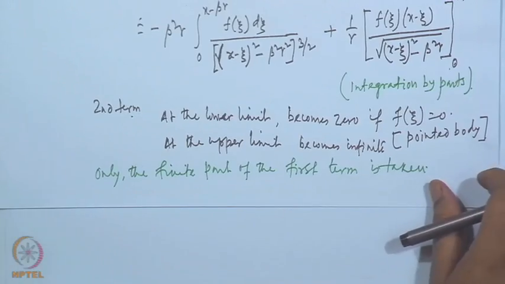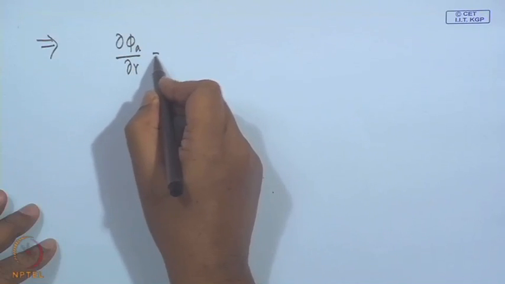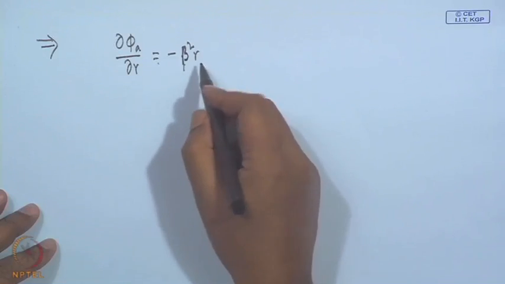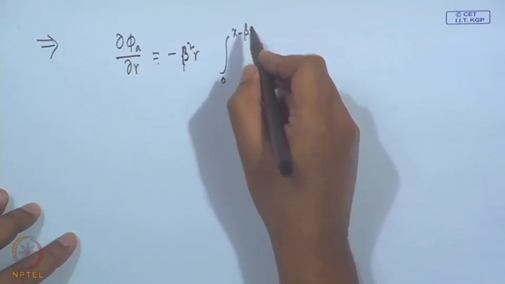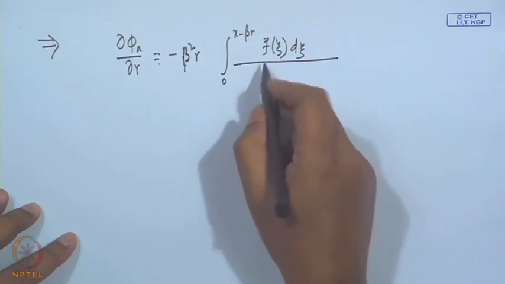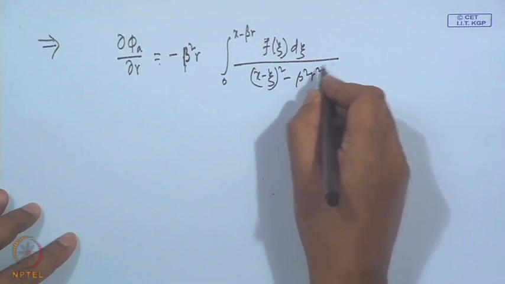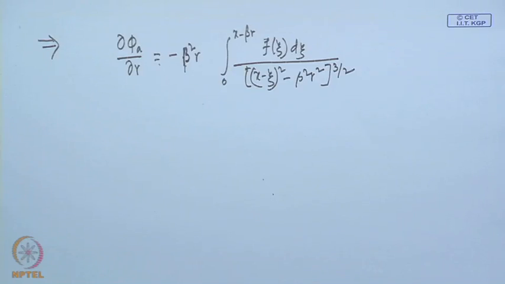And this is formally written as minus beta square r into the finite part of this integral.